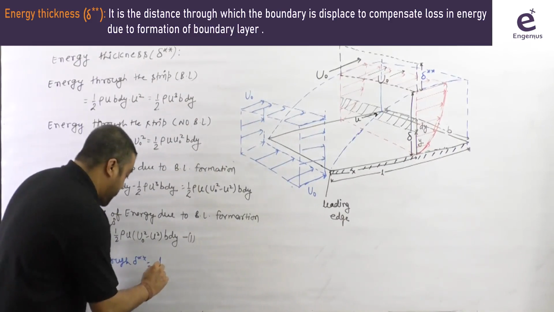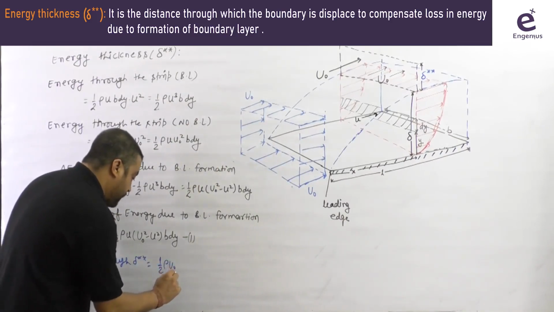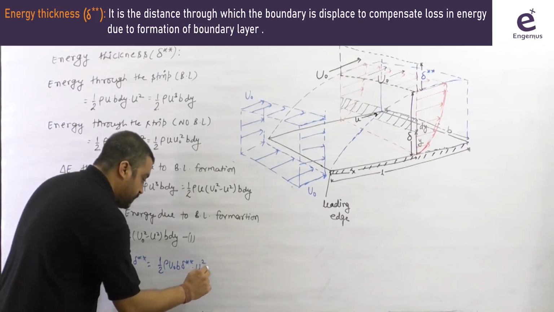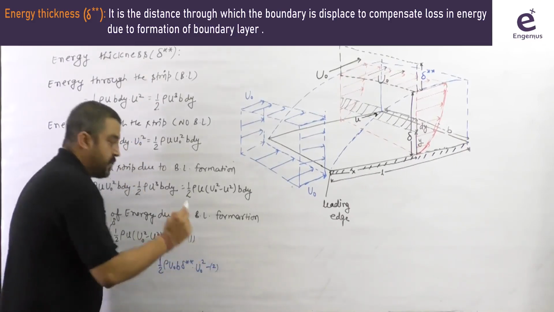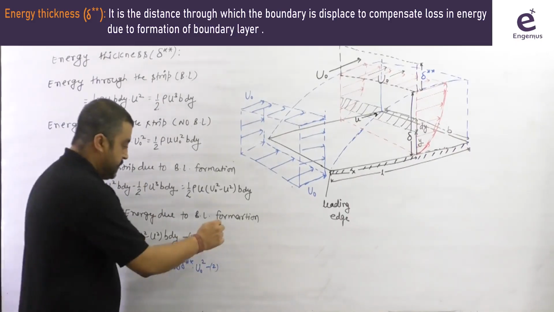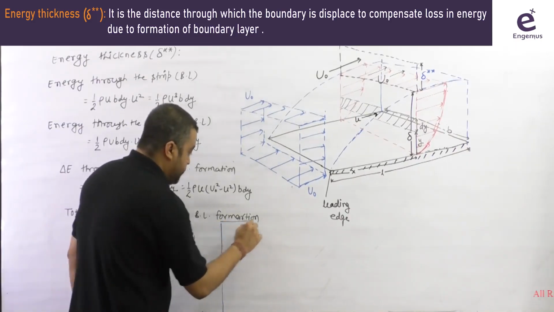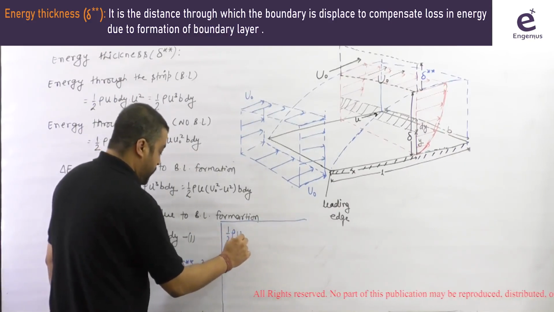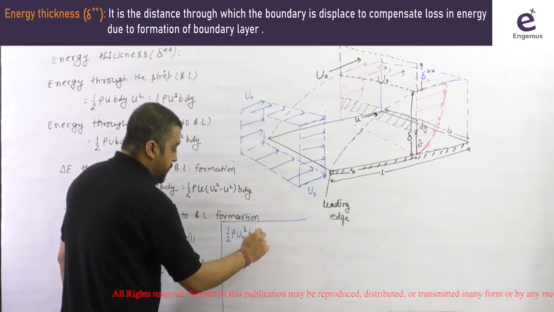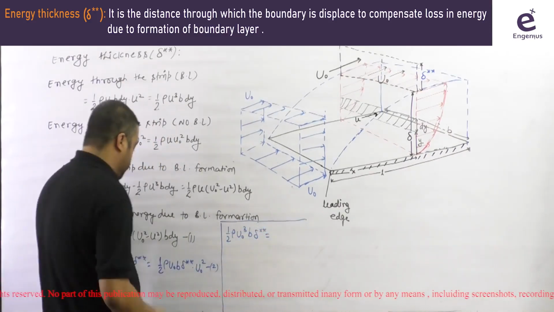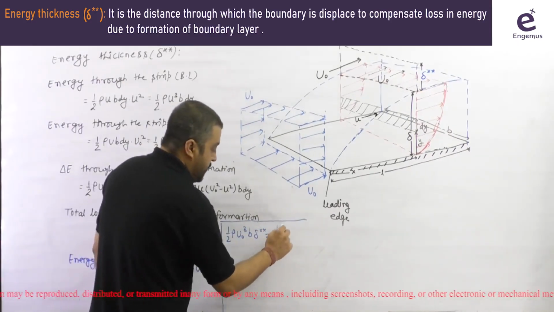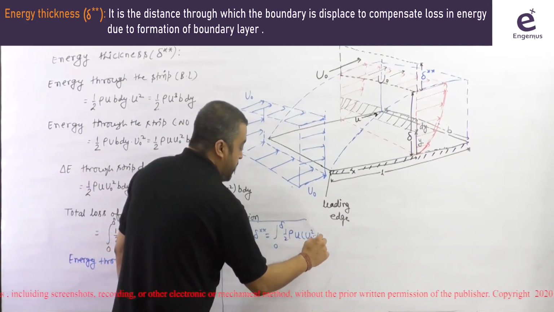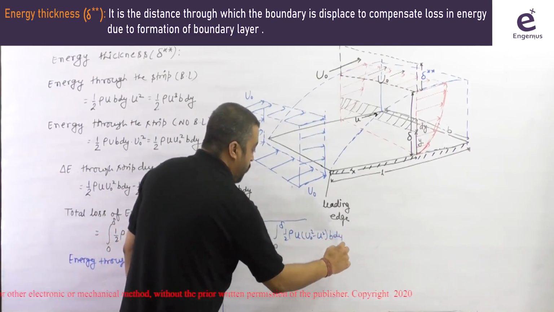So this will be 1/2 rho u naught b delta double star into u naught square, and this value will be exactly equal to the first term. So we are equating these two terms: 1/2 rho u naught cube b delta double star equals the integral from 0 to delta of 1/2 rho u (u naught square minus u square) b dy.